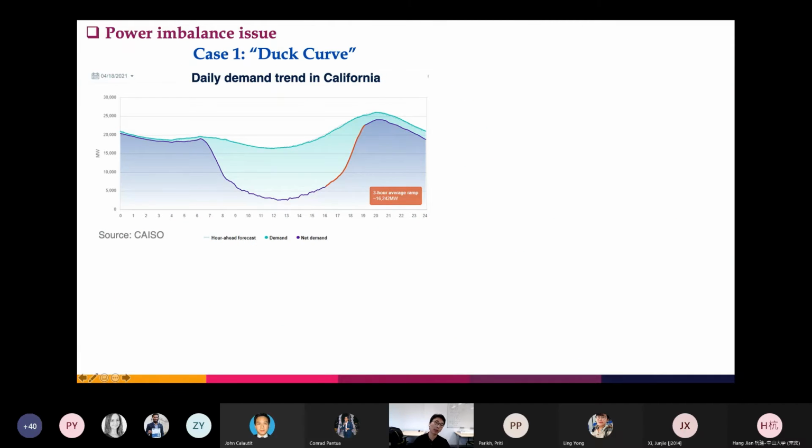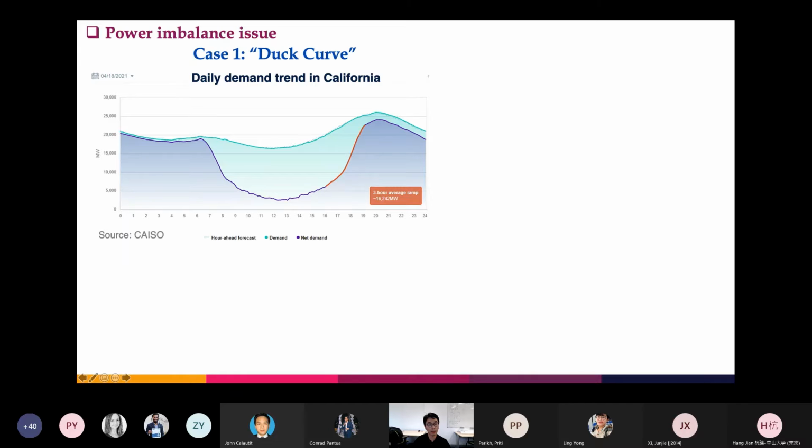So what specifically is the power imbalance issue? I'd like to give two examples here. The first one is called the duck curve, and this figure shows the daily net demand trend in California on the 18th of April this year.